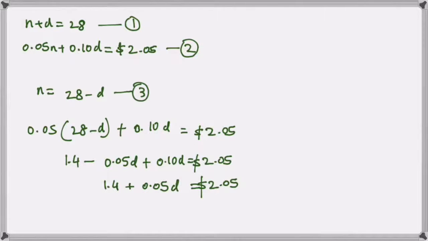So what we can do is keep 0.05d on one side of the equation. Then you will get 0.05d equals 2.05 minus 1.4.